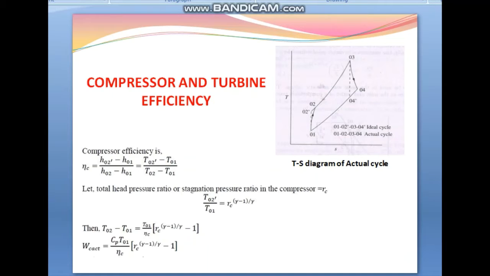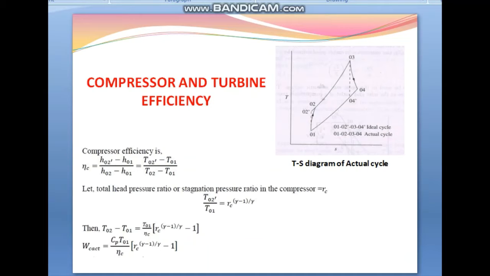Now the compressor and turbine efficiency. The actual simple gas turbine cycle is shown in this figure, the TS diagram. During the compression process, a considerable amount of energy supplied to the compressor is wasted in churning up the working fluid, and this energy does not contribute to the pressure rise but is converted into heat by friction.